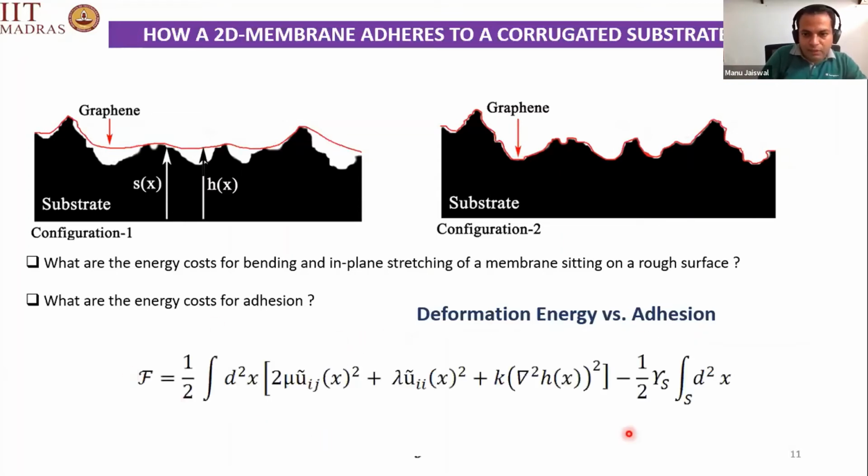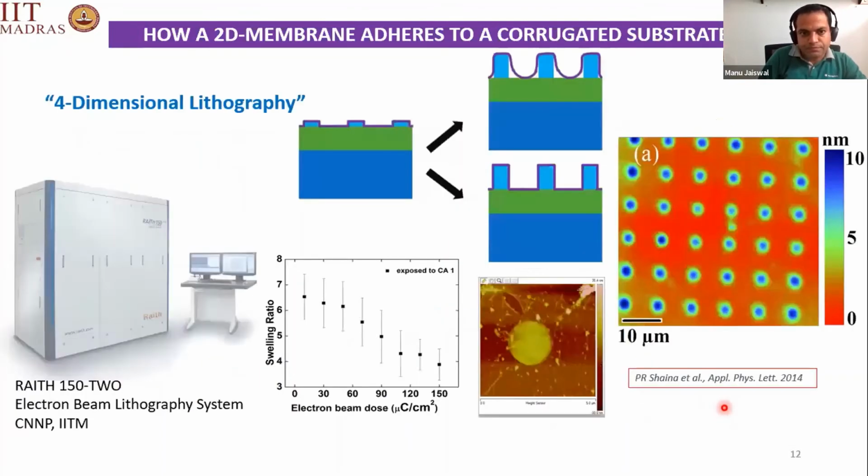Theoreticians like to write an equation such as this one, which describes the in-plane deformation, the bending energy, and a contact potential describing the adhesion. To look at this problem, we developed a 4-dimensional lithography where imagine we put polymer resist, but this is not a usual resist.